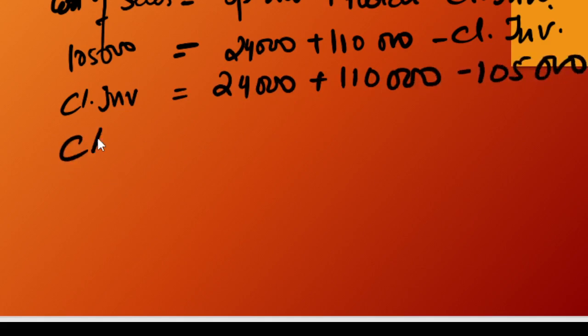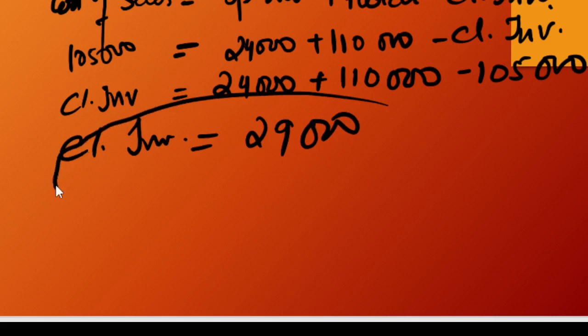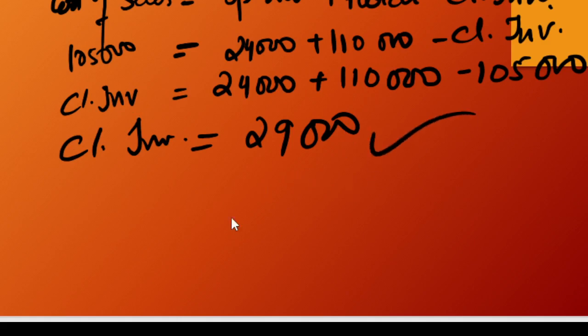By solving this, you can easily calculate your closing inventory, that is 29,000. So this is your answer. I think you are able to calculate this thing. For practice, just solve this yourselves.